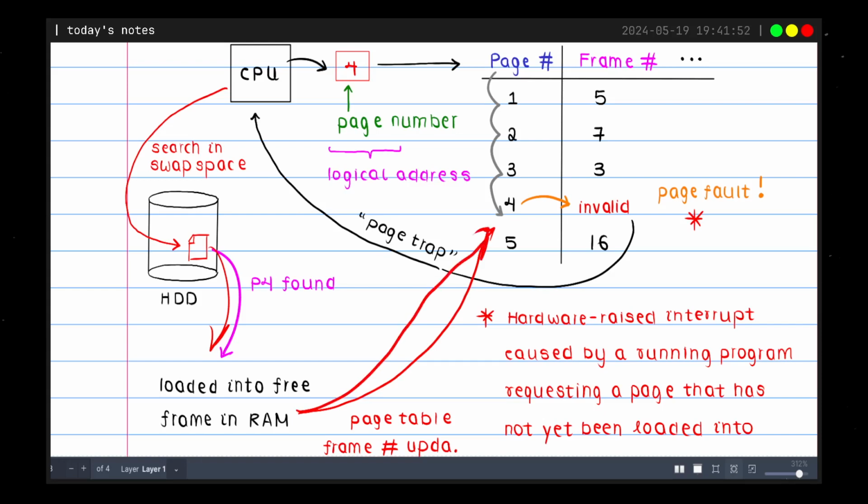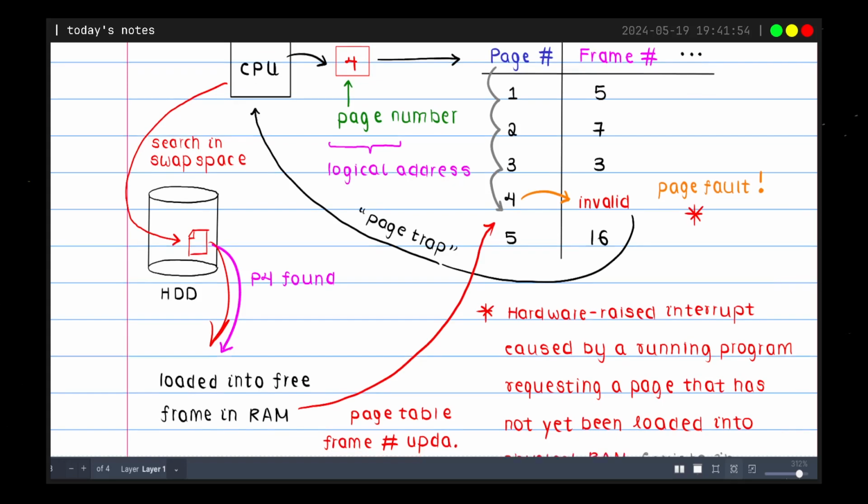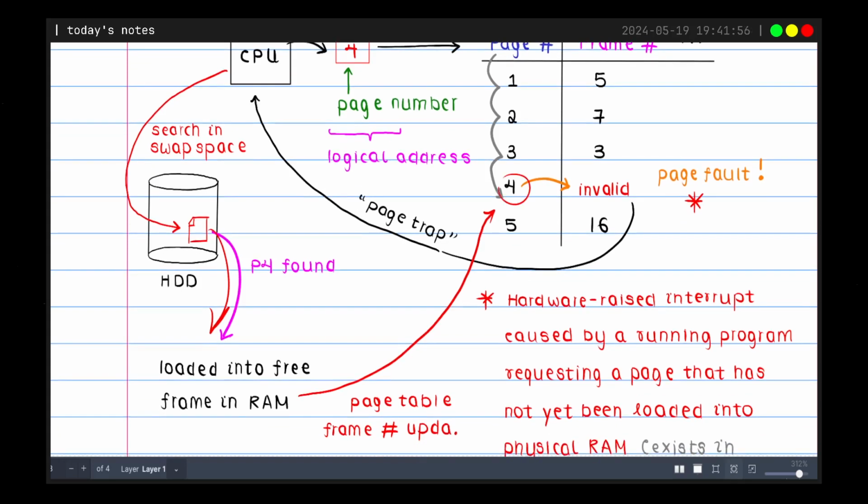Wherever there is space in the RAM, it's loaded, and the page table is updated. Here it says 4, but essentially, if the frame is found in the hard disk drive and not in the RAM, this frame number would be updated to reflect where this page is now stored. For example, it might change into something like 23, and 23 might refer to the frame number which is in the hard disk drive.